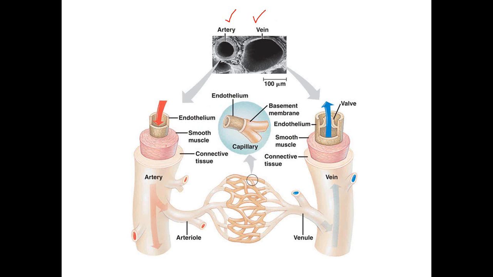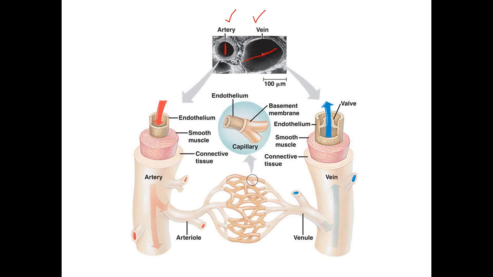But one of the things that you will always note, and you can see it in this microscope picture, this is an electron microscope picture, is that where you have a vein and an artery together in the same place in the body, you can always tell which is which, because the artery has a smaller, what we call luminal diameter.